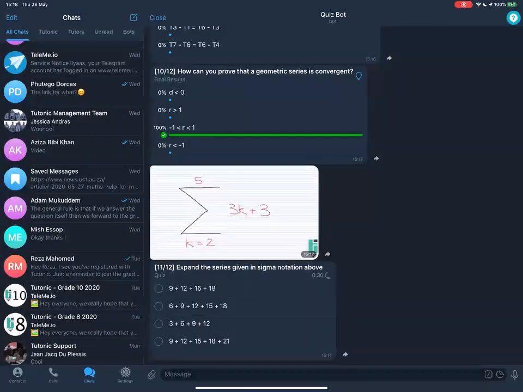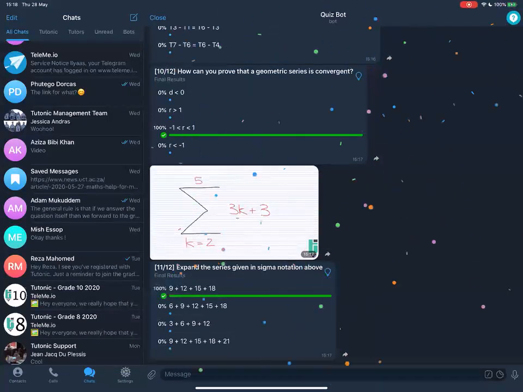So it's 3 times 2 plus 3, which is 9. How many terms are in this sequence? 4. 5 minus 2 plus 1. And then the last term, you sub in 5, so it's 3 times 5, which is 15, plus 3, which is 18. So therefore, it has to be this one. Okay.